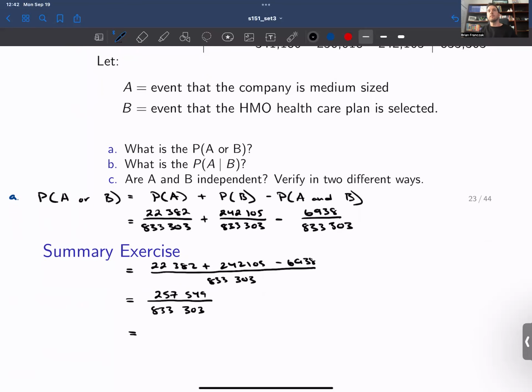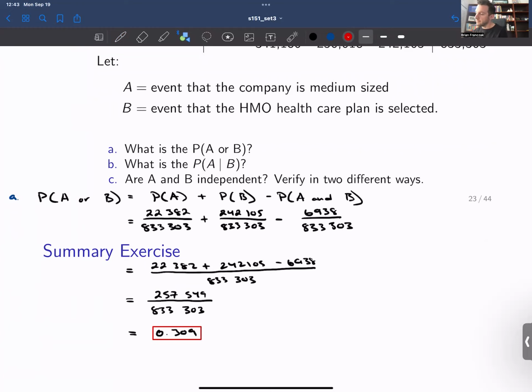Okay, and then that's going to give us 0.309. Now you could also just turn each of those fractions into a decimal and then add and subtract those decimals. That would arrive at the same answer.